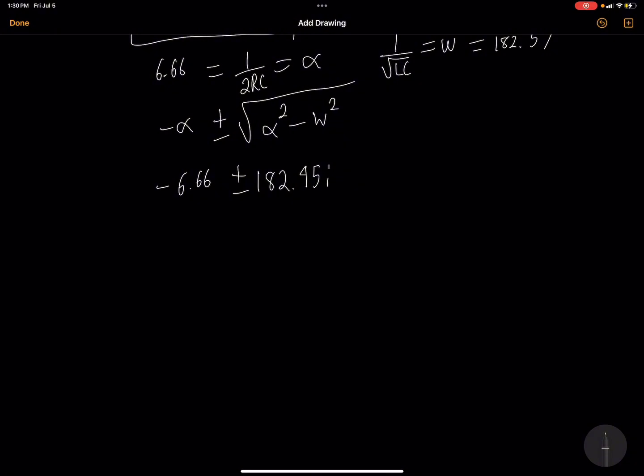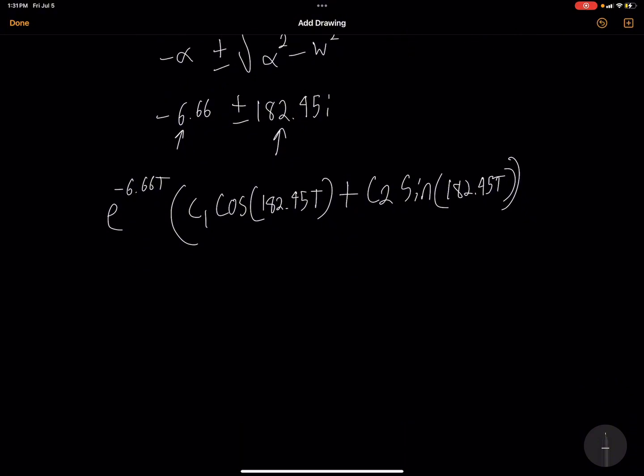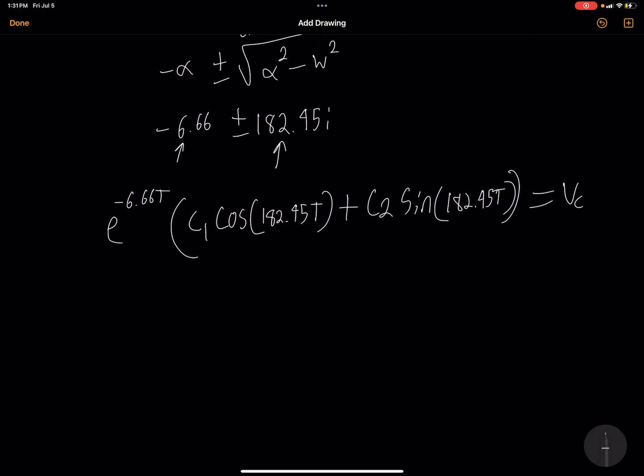I think that's what it's called. e to the alpha t, this is alpha, -6.66. This is a formula from differential equations. C1 cosine of 182.45 t plus C2 sine of 182.45 t. Okay, now this is for VC of t.